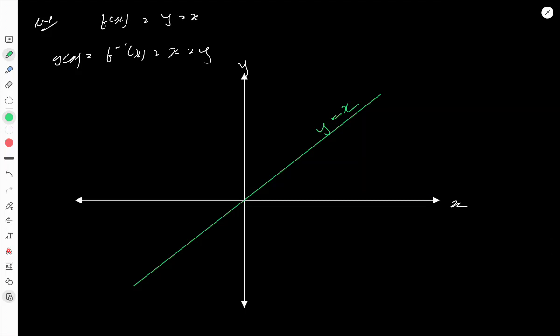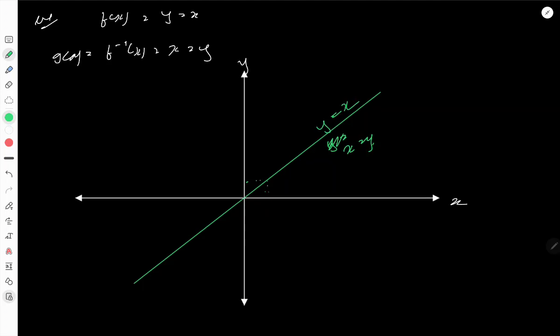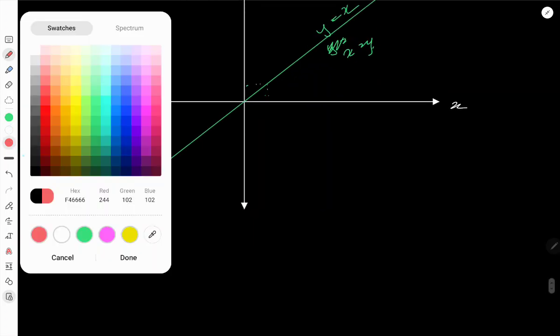So now x becomes our y and our y becomes our x. Now I put a value of y and then I get x as an output. So it is the same line, x equal to y is the same line as y equal to x.